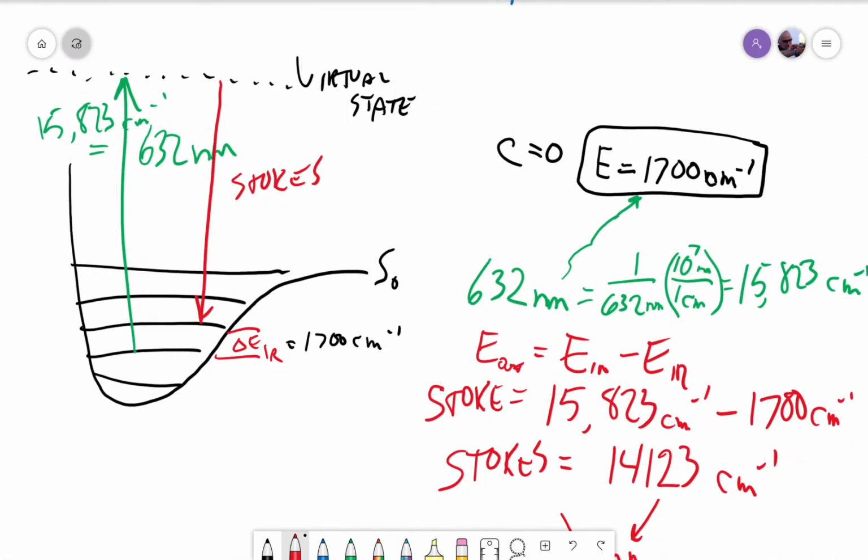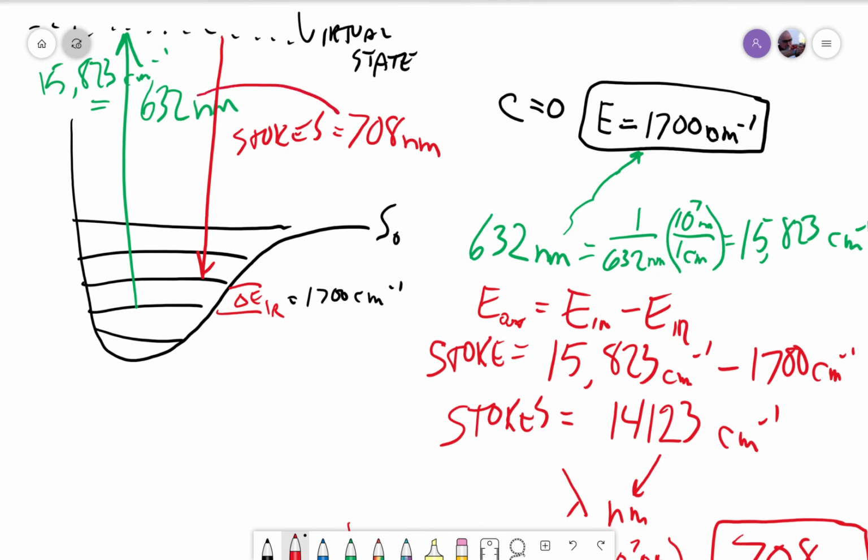All right, so if we put a photon in which is 632 nanometers, the Stokes emission would be redshifted towards longer wavelengths and come out at 708 nanometers.